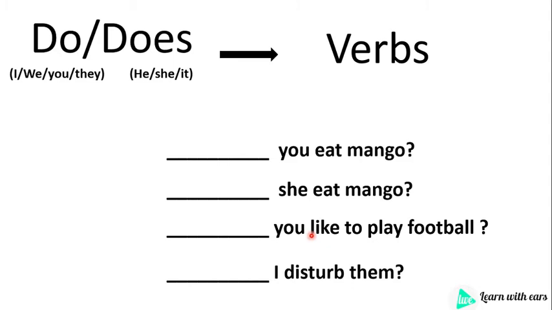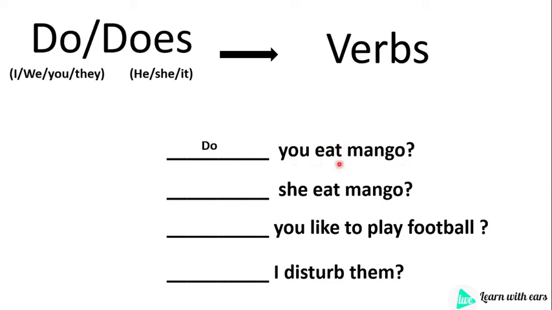Now let's see the first sentence. In the first sentence we can see you, and we use you with do to ask a question. So we'll use do. Do you eat mango?